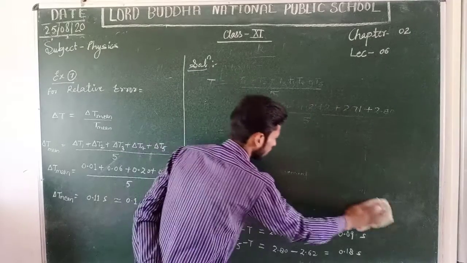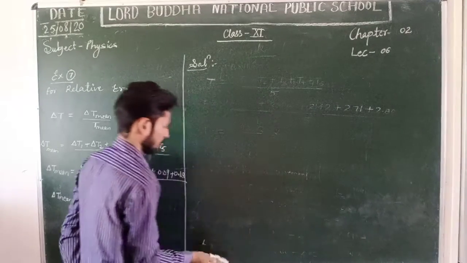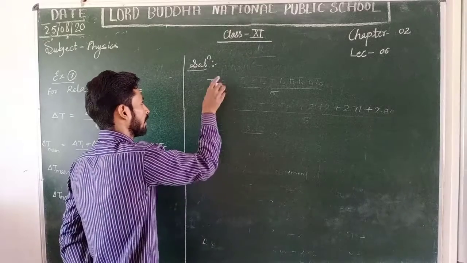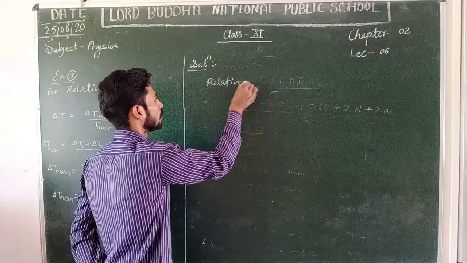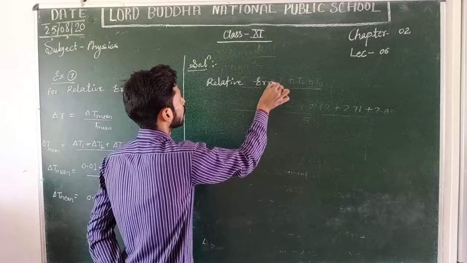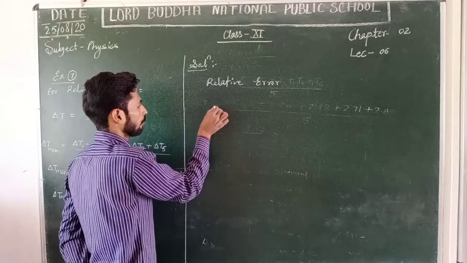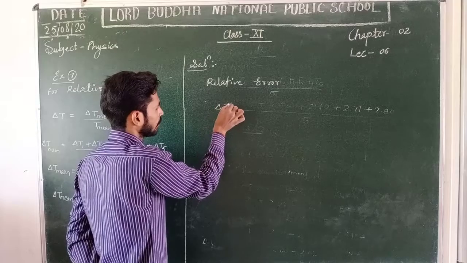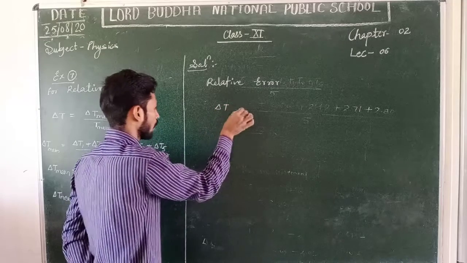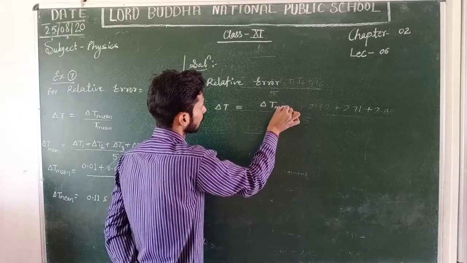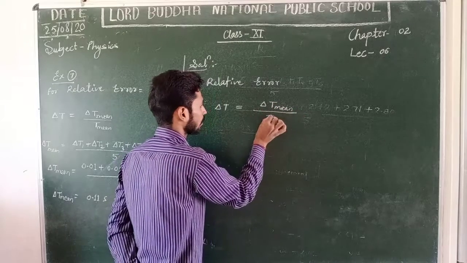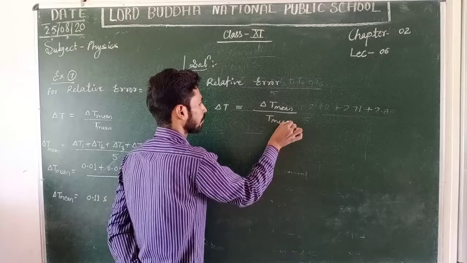The relative error delta T equals delta T mean divided by T mean.